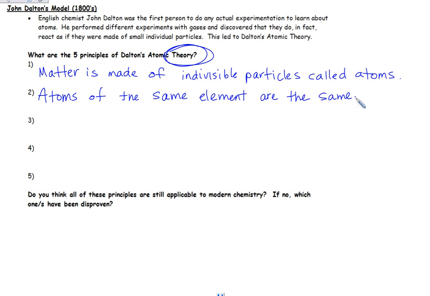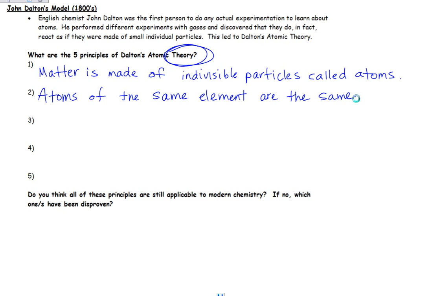The periodic table has approximately 120 elements. A sample that's made of all the same kind of atom. So as he looks at, let's say you have a sample of sulfur, and he's saying different samples of sulfur all have the same properties. So that must boil down to the fact that the individual atoms of sulfur are all the same.